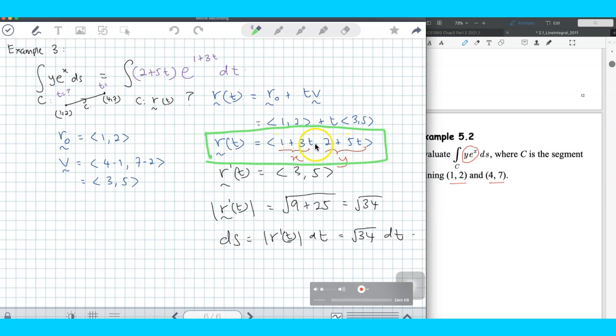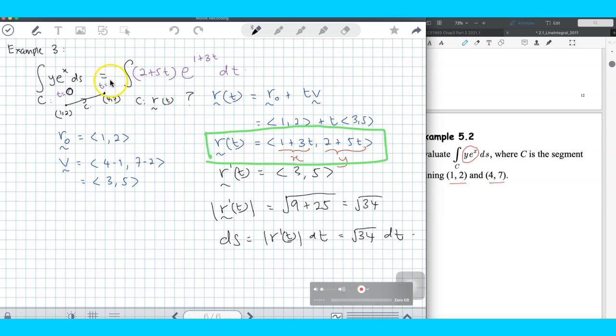Your t should satisfy both the x and y equations. So it should be when t equal to 0. To have x equal to 1 and y equal to 2, the t should be equal to 0.